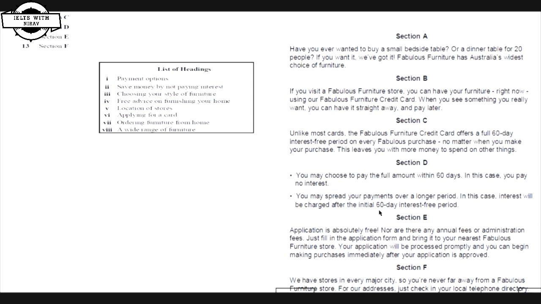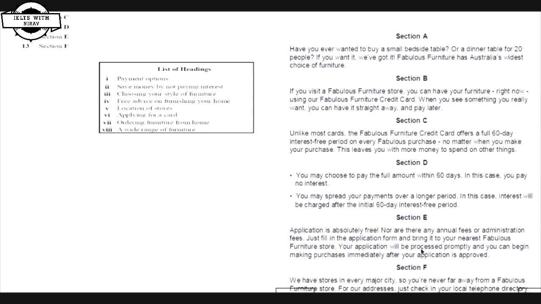If you are tracking this word free, here you have free advice on furnishing your home. But I didn't read anything about advice, so it could not be my answer. So read further. Just fill in the application form and bring it to your nearest Fabulous Furniture store.